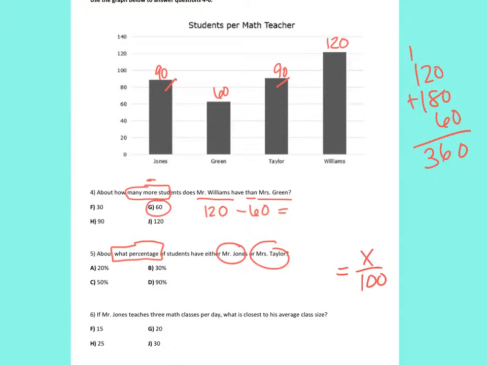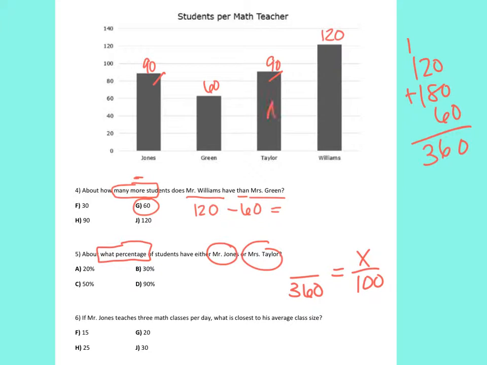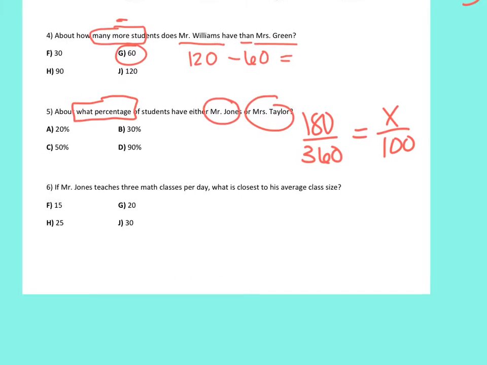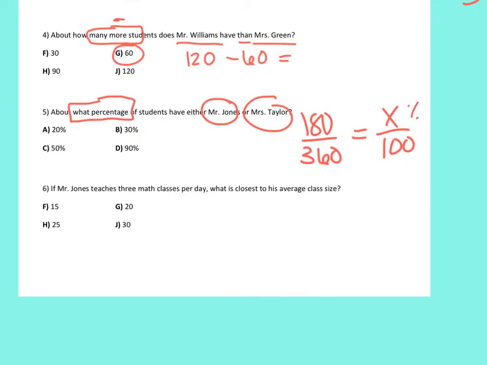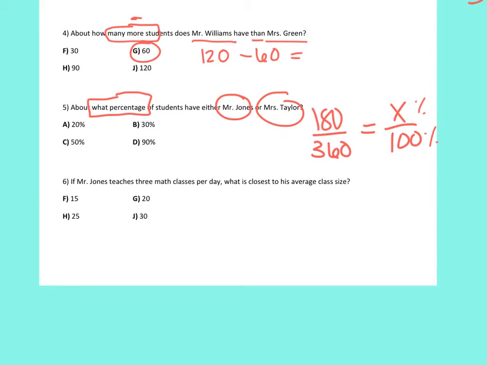So we've got 360 kids total. And then how many kids are taking Taylor or Jones? How many kids combined is that? They each have 90. 180. So 180 over 360. And you're setting up that proportion because it says what percentage. So what percent out of 100%? You can kind of eyeball that, if you can see 180 is half of 360.